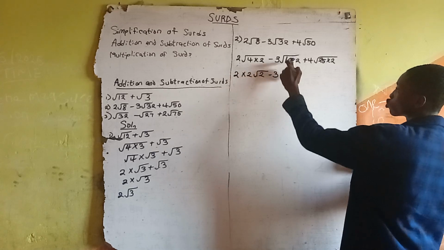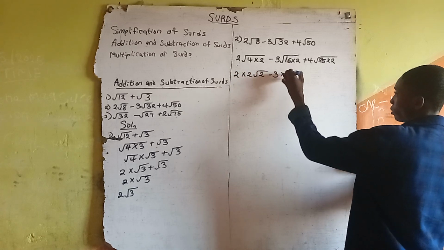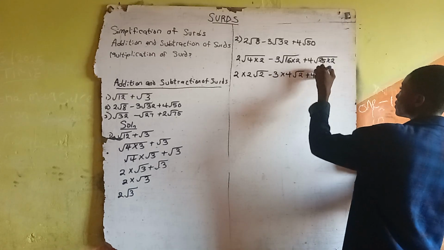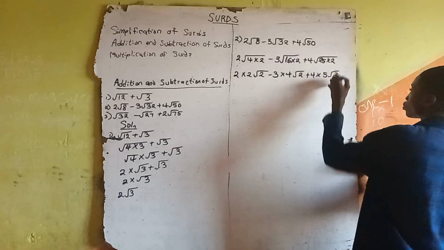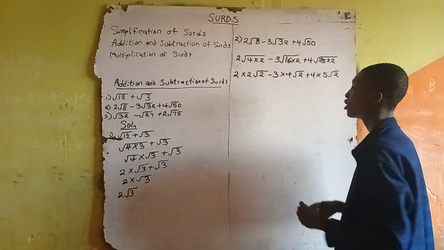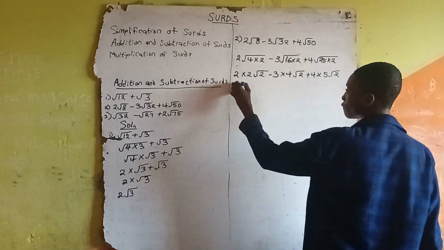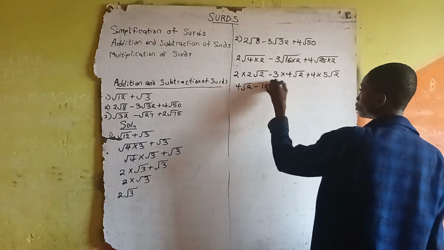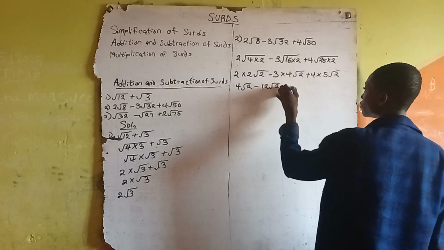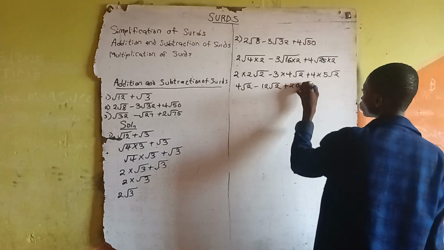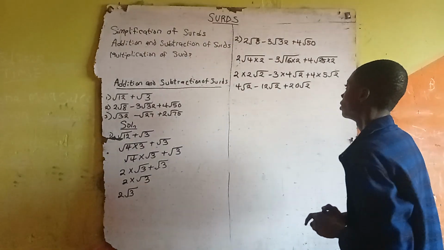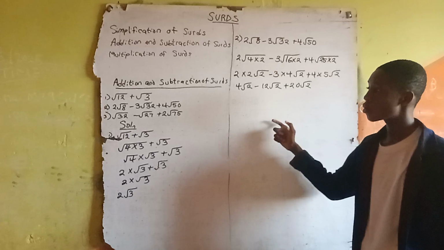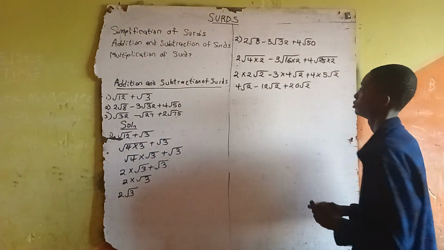Minus 3. The square root of 16 is what? Is 4, root 2. Plus 4 times the square root of 25 is 5 root 2. Now let's multiply. 2 times 2 is 4 root 2, minus 3 times 4 is 12 root 2, plus 4 times 5 is what? 20 root 2. Now, since the roots are the same, we are going to choose only one.